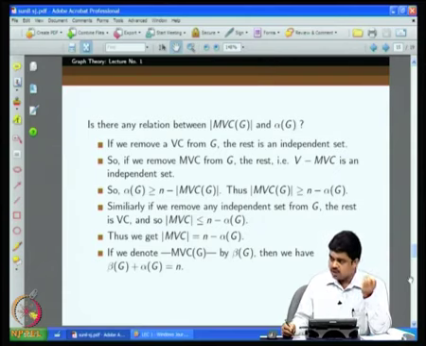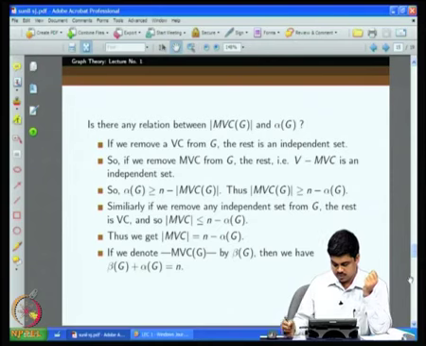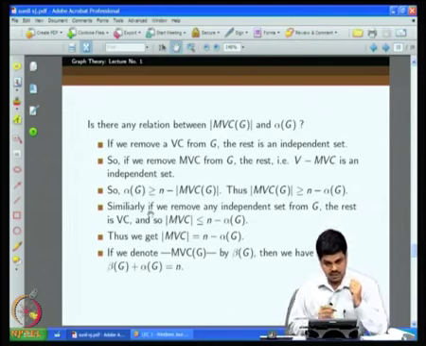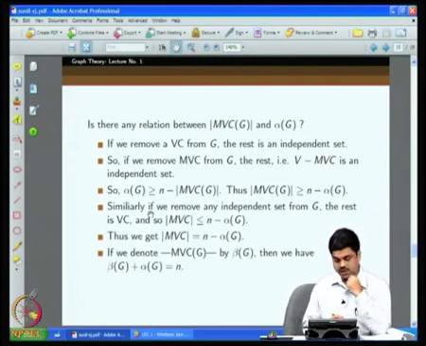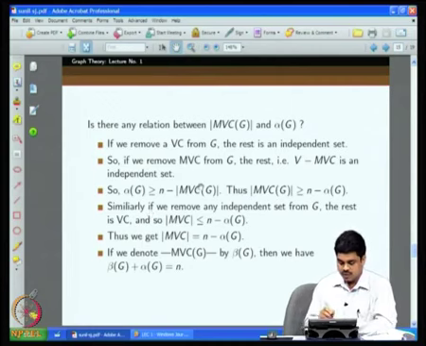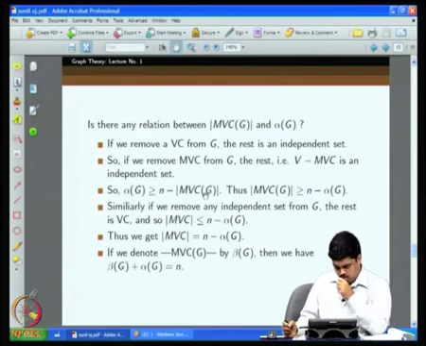Therefore, if you remove a minimum vertex cover, the remaining n minus the cardinality of the minimum vertex cover number of vertices form an independent set. That is what we have written here. So our maximum independent set cardinality has to be greater than or equal to this. So alpha is greater than or equal to n minus MVC of G.